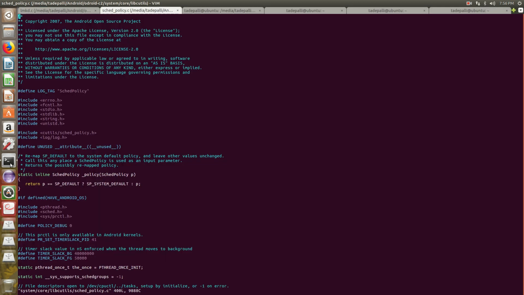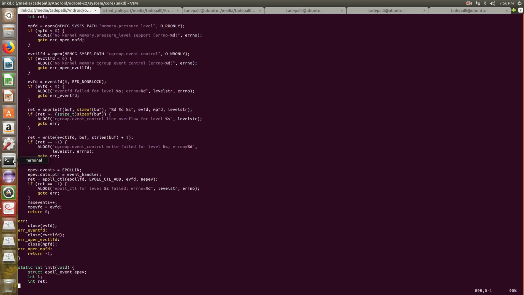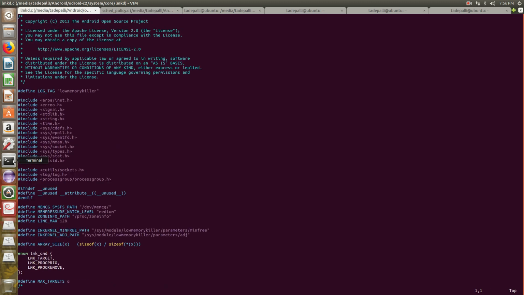So let's go to the source code of the low memory killer. In this, this MCG SFS path is the memcg path. This is the path that, as I mentioned, the low memory killer uses.